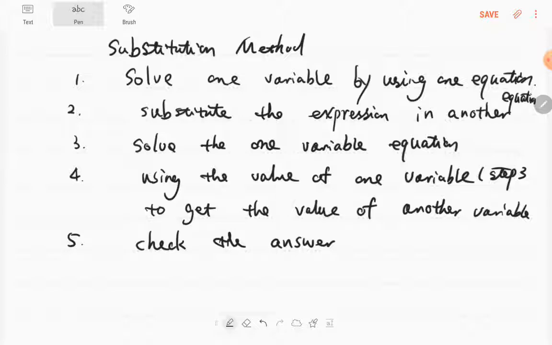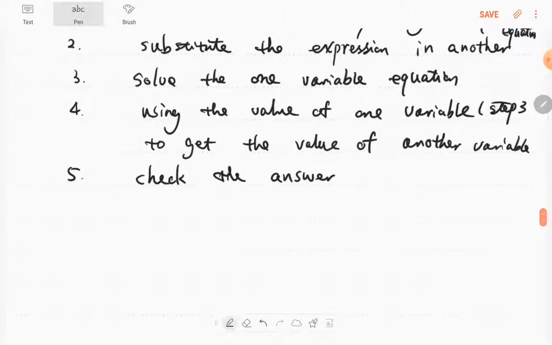So the most important part is you need to select an equation and solve for one variable. So that's the beginning part, which will be the most important part. Sometimes you need to observe the 2 equations you have, then pick which one is more convenient to solve.